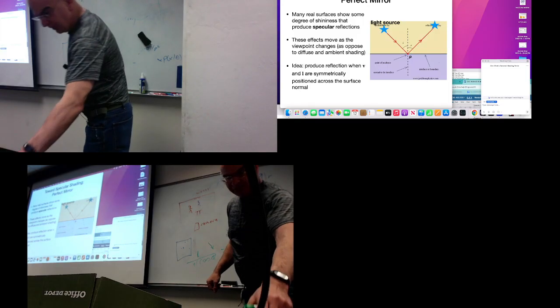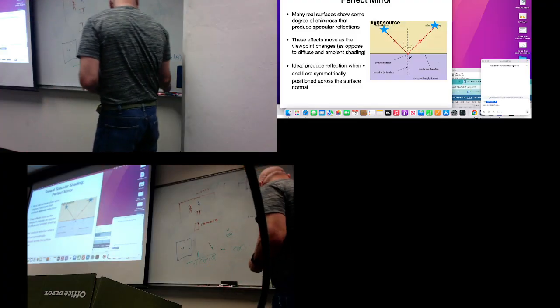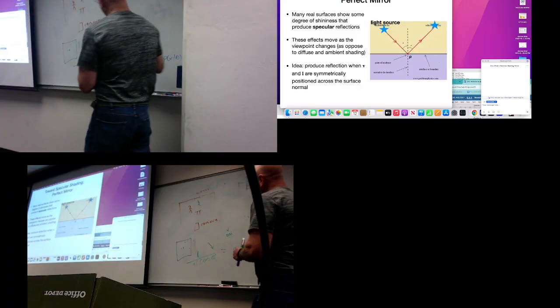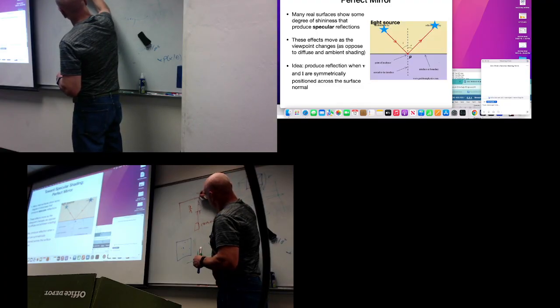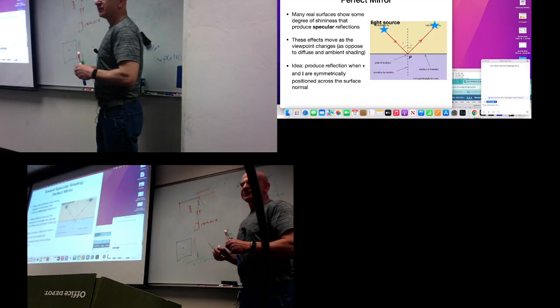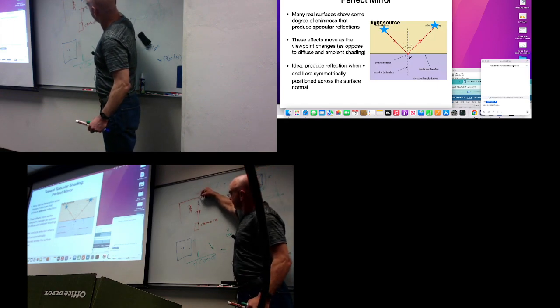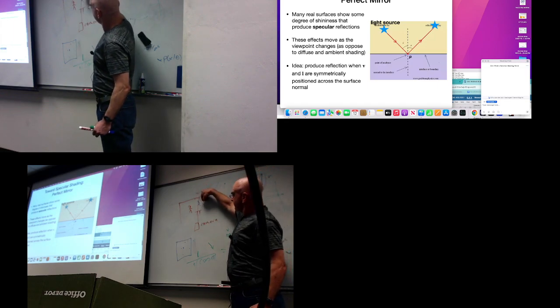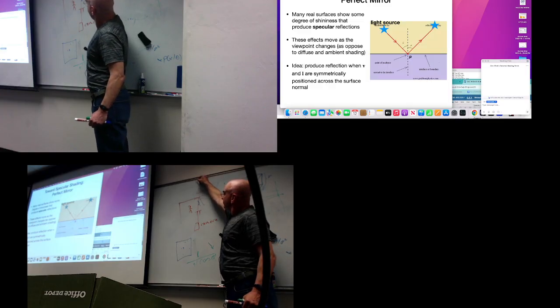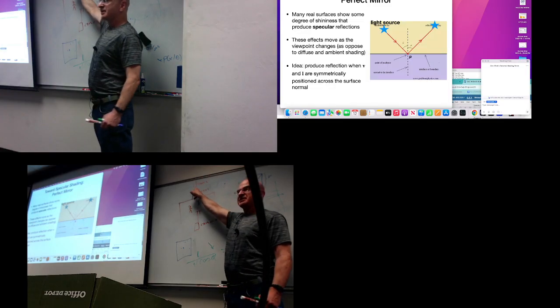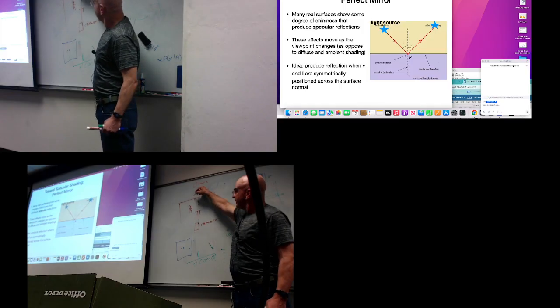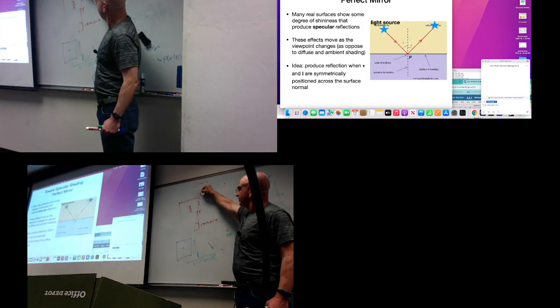Think about rays of light that follow the camera, hit the mirror and bounce back at the same angle. Remember, this angle equals this angle. This ray will just be what happens at a camera somewhere on the other side, and this would actually not be a mirror but a window.